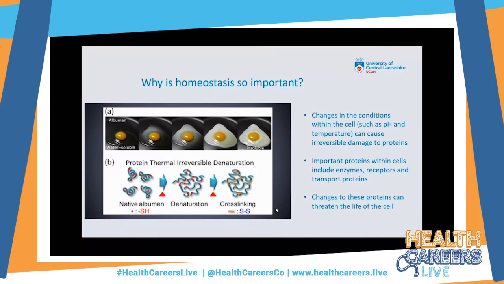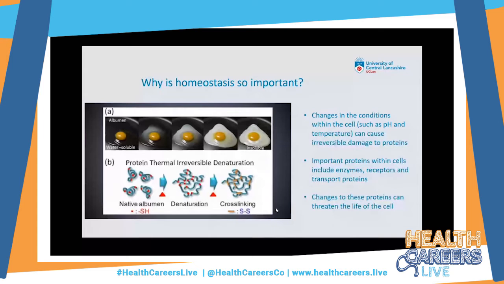And if you have a change to their function, that threatens the life of the cell, which in turn threatens the life of the tissue, then the organ, the system, and then eventually the person. Okay? So understanding homeostasis is crucial and fundamental to the entirety of medicine.